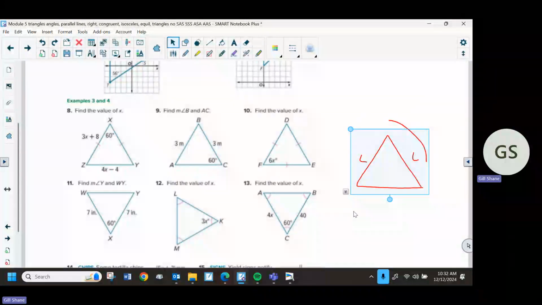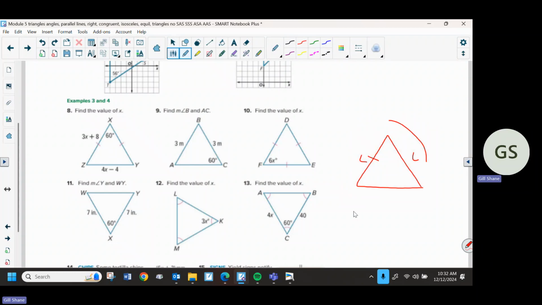If you want to put in congruence marks, that's not a bad idea. Now I know, you could have done this at the very beginning when you saw 7 and 7. Now I know it's the two bottom angles. So once I know it's the two bottom angles, then I can turn it back.